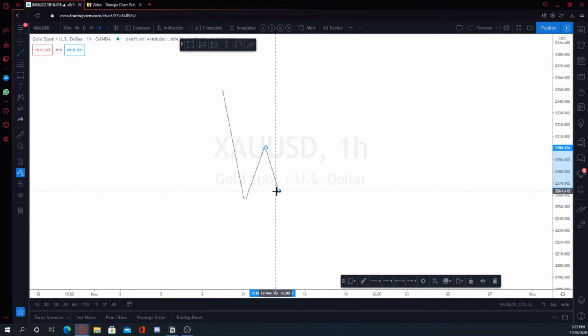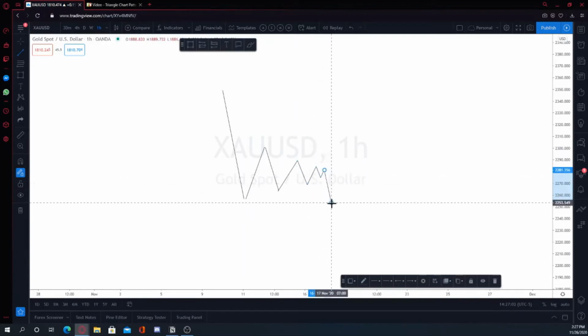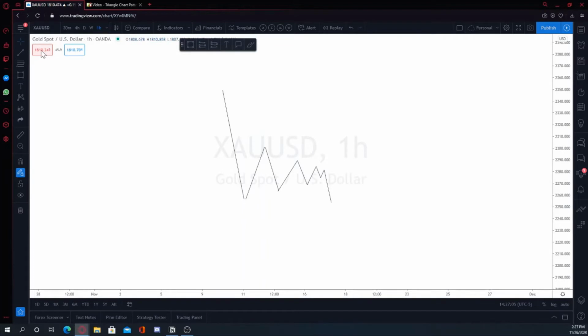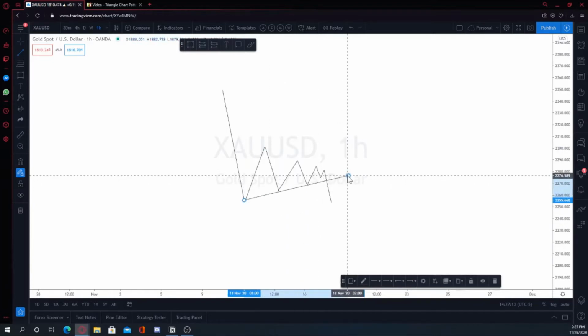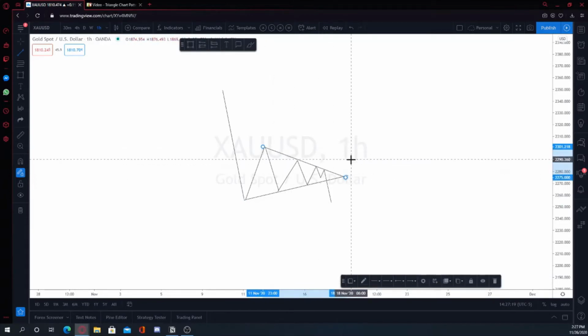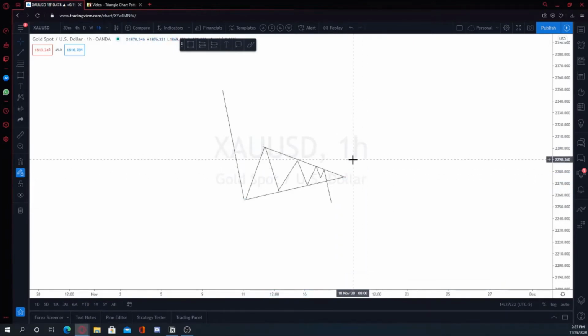It comes a little short of it, and then it just keeps narrowing and narrowing before it eventually breaks out. This is your triangle. If you just connect the highs and the lows here, it's not that hard to see why it's called a triangle, because it forms a triangular shape.